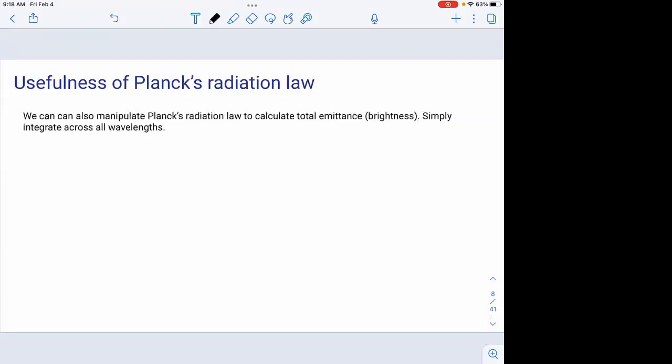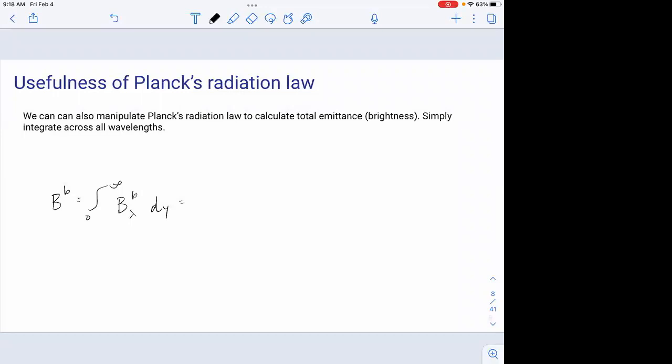Okay, so useful. We can also manipulate Planck's radiation law to calculate the total emittance of a black body, and so the total brightness. And to do that, we just integrate Planck's original description of a black body across all wavelengths, which makes good sense. So the total emittance of your black body is given by the integral from 0 to infinity wavelengths of that original function. That's a function of wavelength.